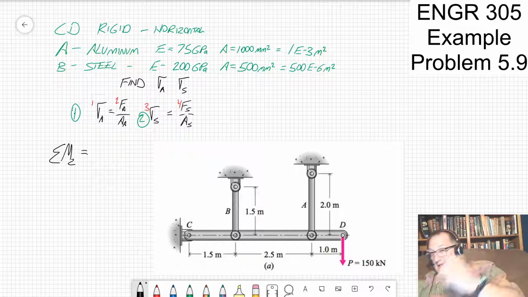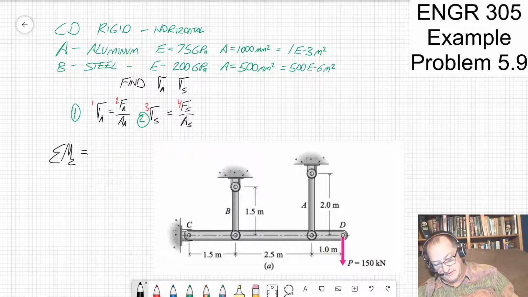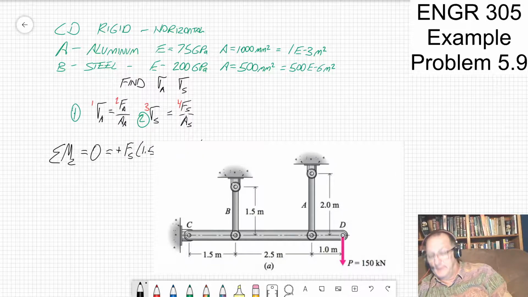As I put that load on, the load in B is going to be upwards, so that's going to cause a positive rotation. So that's going to be plus the force in the steel times that lever arm, which is 1.5 meters. And then I've got the force in the aluminum, and that's also going to pull it up, so it's force in the aluminum times 4 meters.